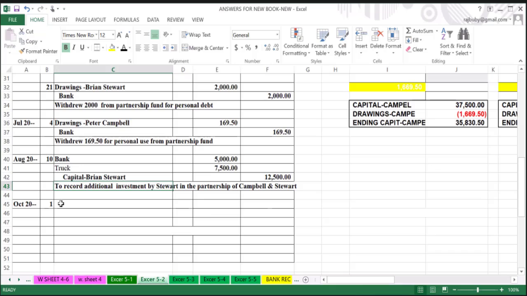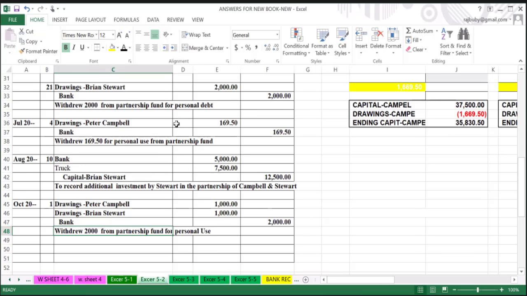Yes, 1,000 for each partner. That is the drawings account. And bank, you can put the total, 2,000, because we are going to calculate each capital and the drawings together.